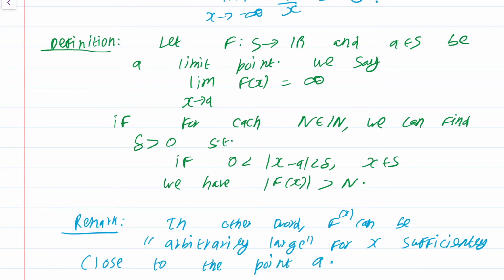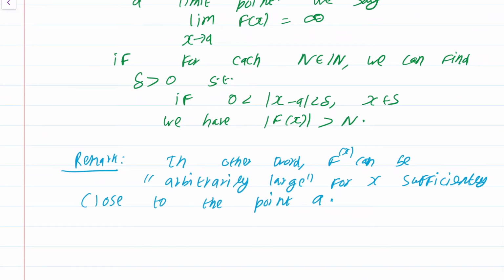I'm not even going to bother trying to define precisely what arbitrarily large is. From the way this definition is phrased, it should be clear to you what it means. So we have now defined what it means for limit x going to a of f of x to be infinity.